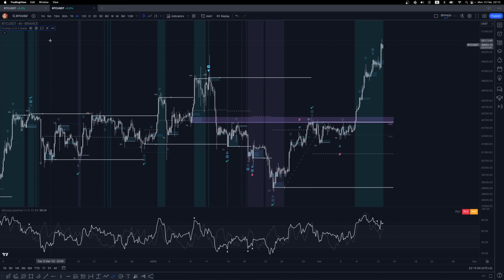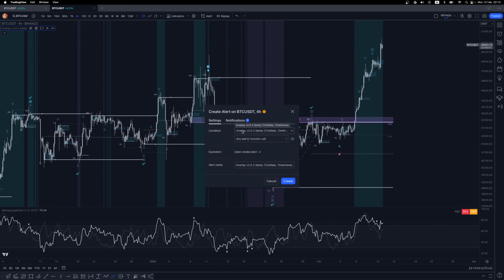Right. So once you set your alerts, the ones that you want, you go to your overlay indicator here at the end, where it says more, add alert. You give it the condition, which is just the indicator. You make sure that this is on any alert function call. So don't choose any of the other stuff. Just leave it on this, right? Set your expiration date and then give it a name.